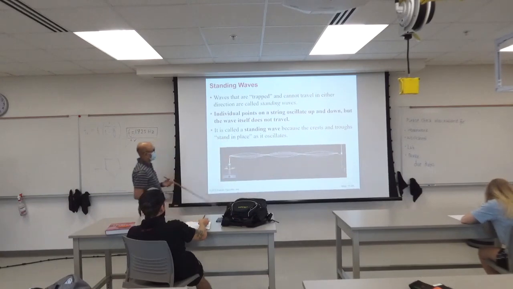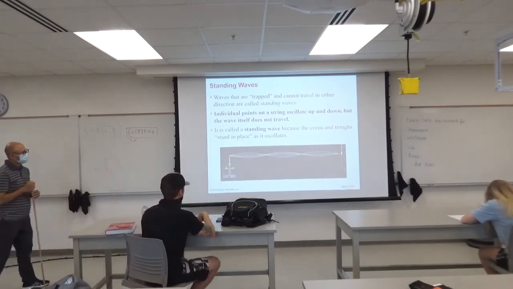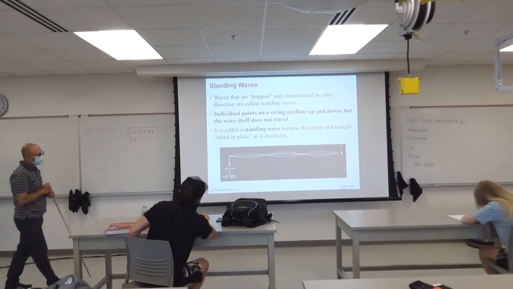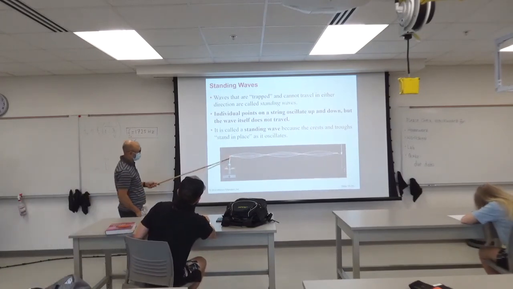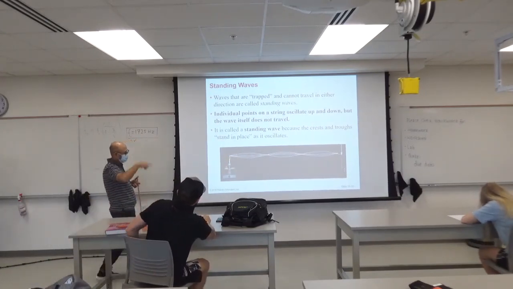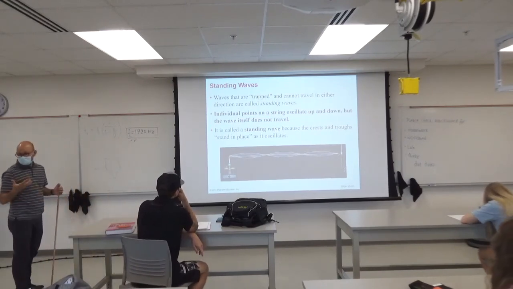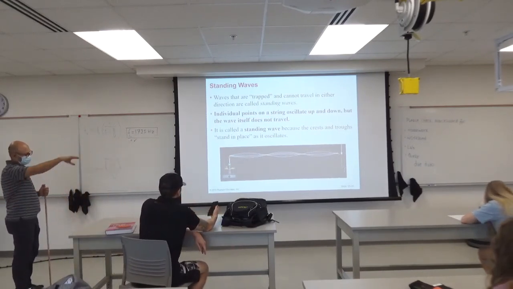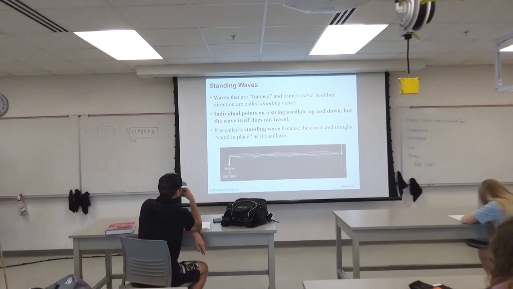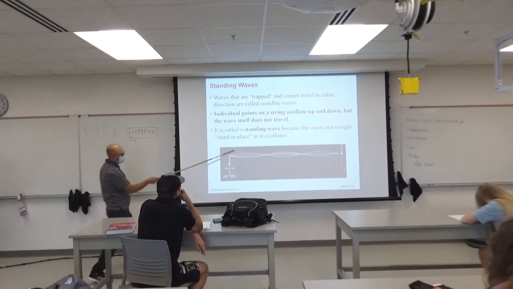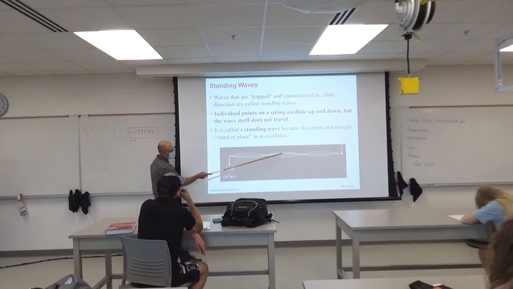So this is a standing wave. Basically in a standing wave, the individual points in the medium oscillate up and down, but the wave itself cannot travel to the right or to the left. Only the medium moves up and down.